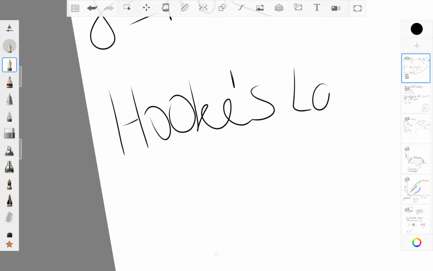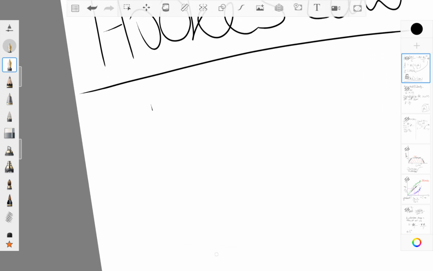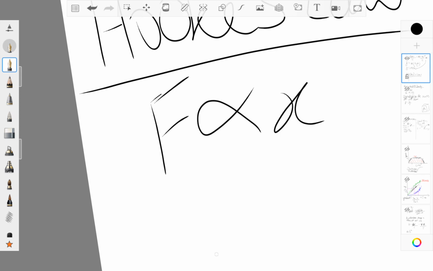Hooke's law. Now, Hooke's law states that the extension of an elastic material is directly proportional to the applied force, provided its proportionality limit is not exceeded. What this means is that the force applied on my rubber duck or rubber ball, for instance, let's say that's F, is directly proportional to the extension.